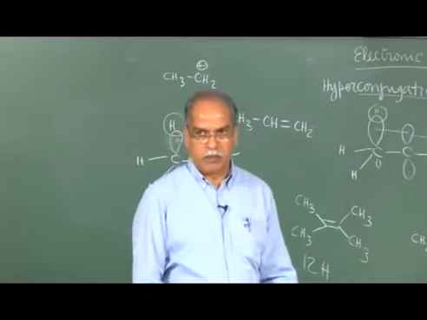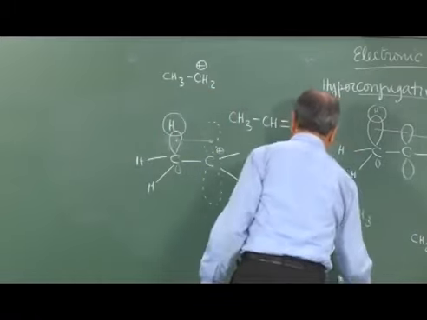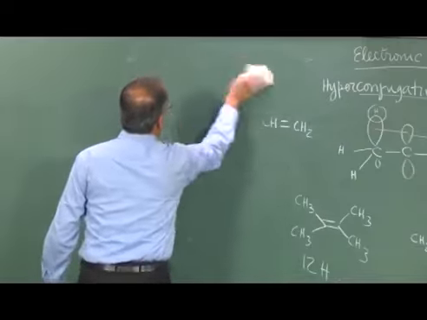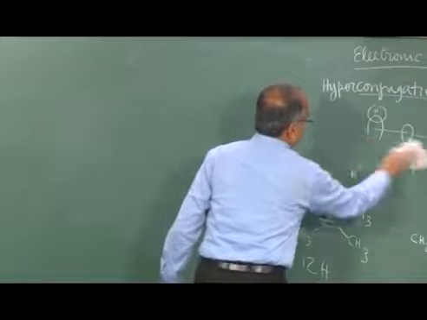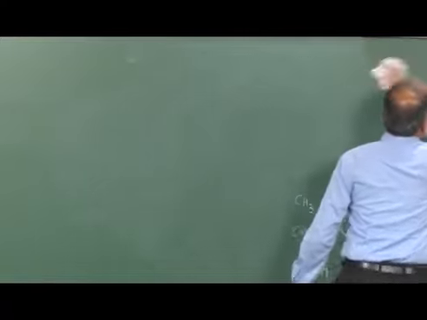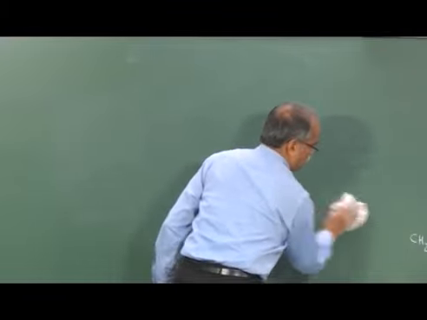Now, let us look at some types of reactions and then proceed further. Organic reactions can be classified in several categories. We will see some of the categories in the remaining portion of the lecture.